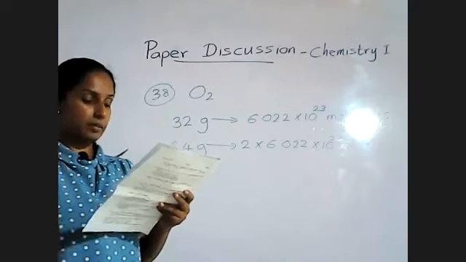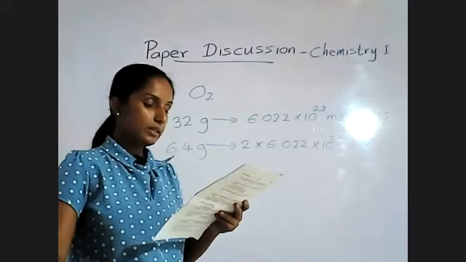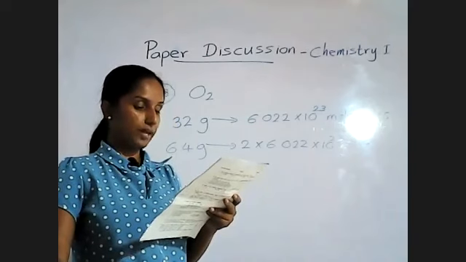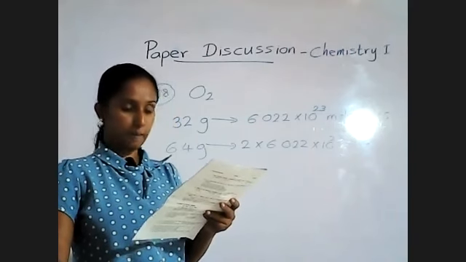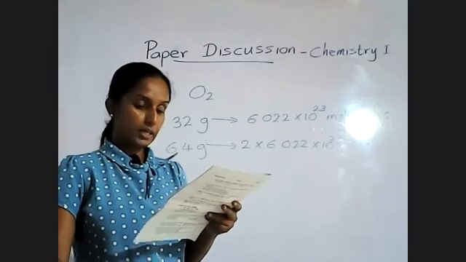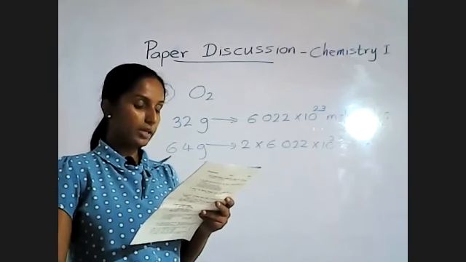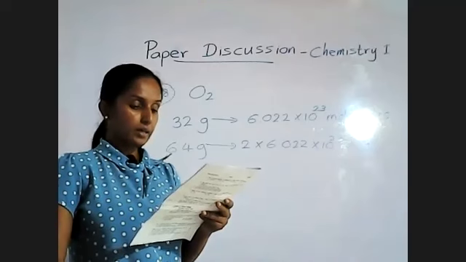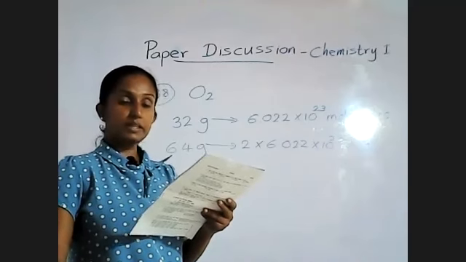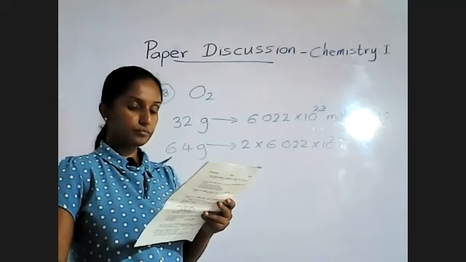Right, 4 consecutive elements. The graph indicates how their first ionization energy varies against the atomic number. So we are given the ionization energy graph. In which group of the periodic table is Y placed?